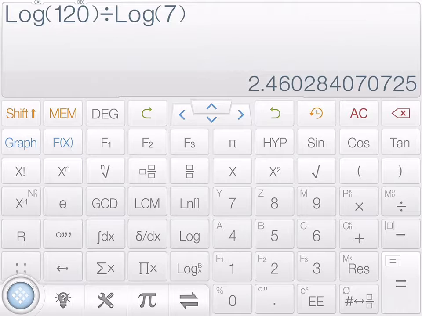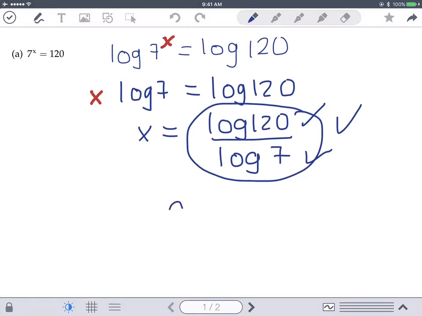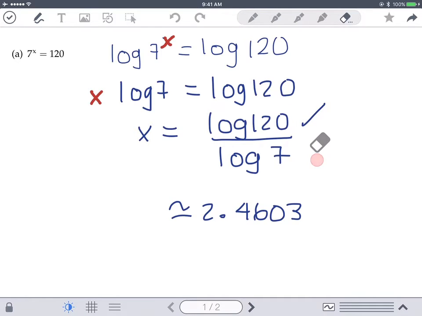So I get 2.46028, which I will round to 2.4603. So 2.4603 is my answer, approximately. In our book, I think we sometimes are asked to write the answer in an exact form and an approximate form. Our exact form is this.